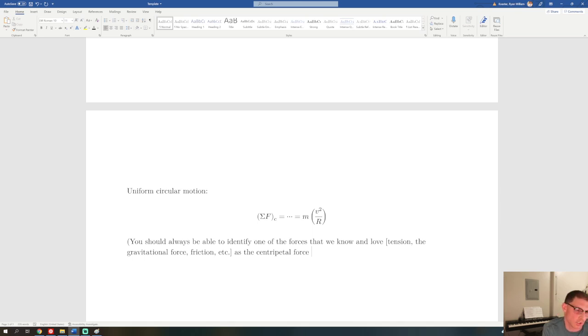There were only two forces acting on the object. So the net force in the centripetal direction is mv squared over r.